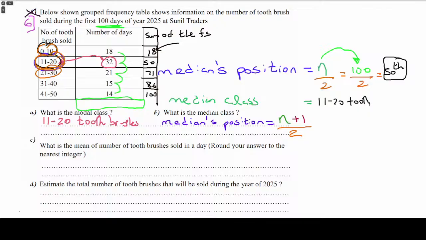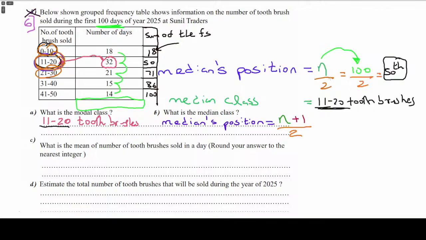Now students, one thing you have to notice is that this 11 to 20 class is the class which came as the model class, and the same class is also the median class. This is just a coincidence. It won't happen always. Not every time will the model class and the median class be the same.